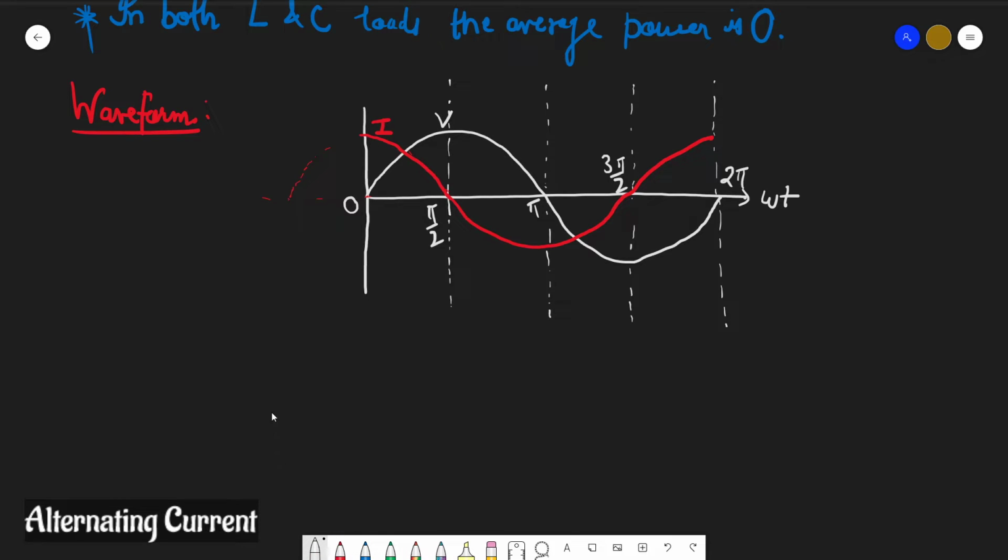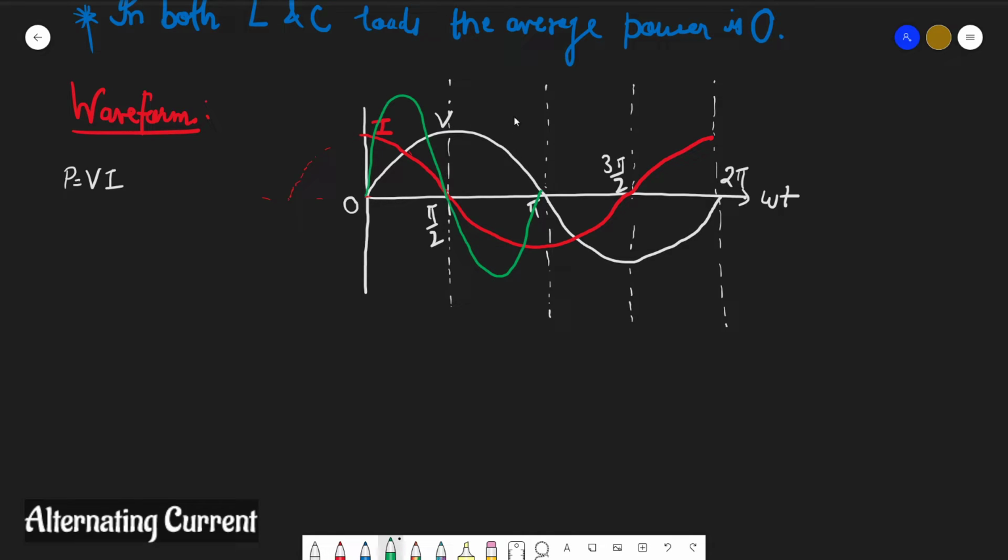Now let us see the power. Power is nothing but voltage into current, voltage curve into current curve. You can easily plot when both are positive. Obviously, when current and voltage are positive, power is going to be positive. When one is negative, the power is going to be negative.